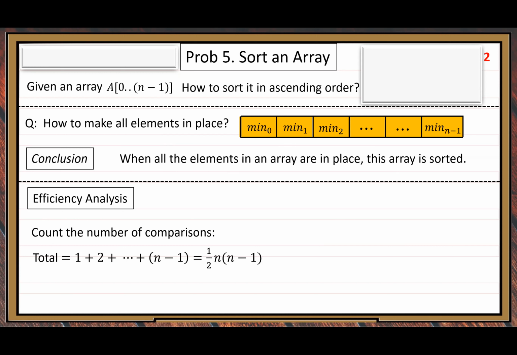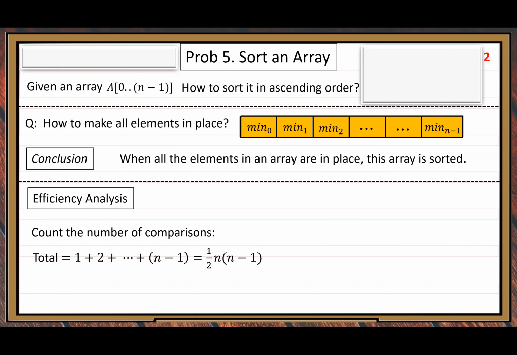The worst case would be descending order? It's possible. But aren't we already comparing every single one? So our best case and our worst case, aren't they the same?